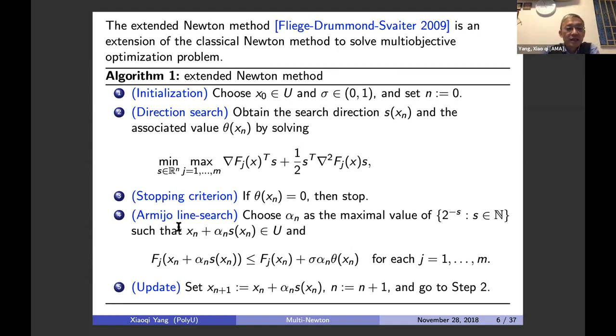They also use a line search to improve the search results. This is the scheme proposed in the Fliegen paper, the extended Newton method.